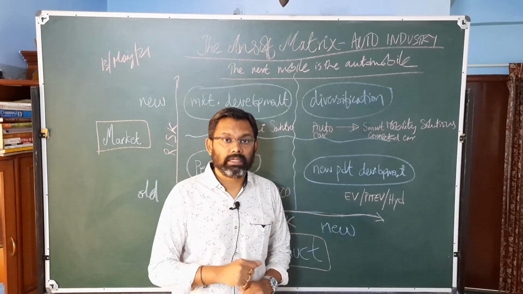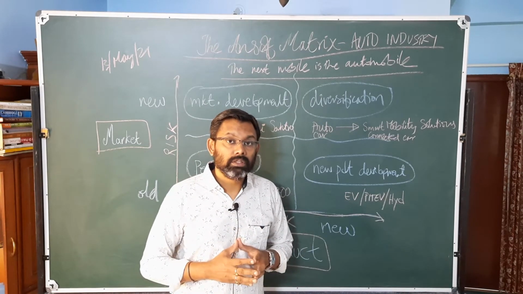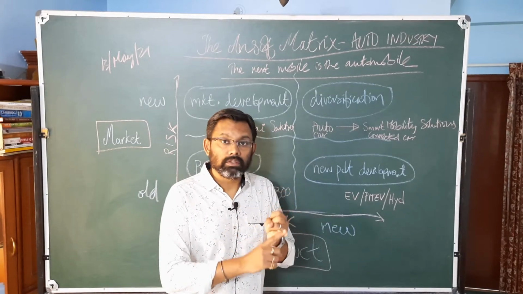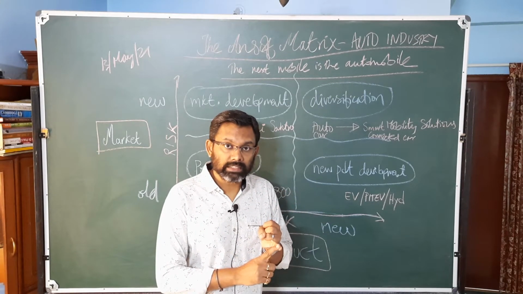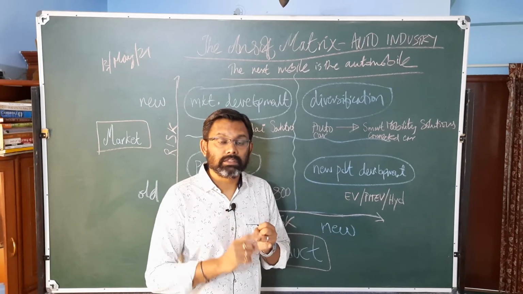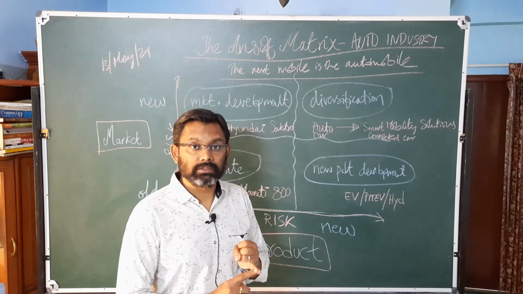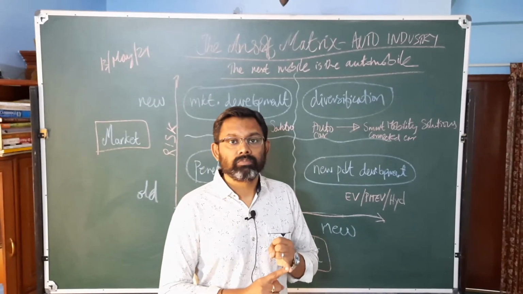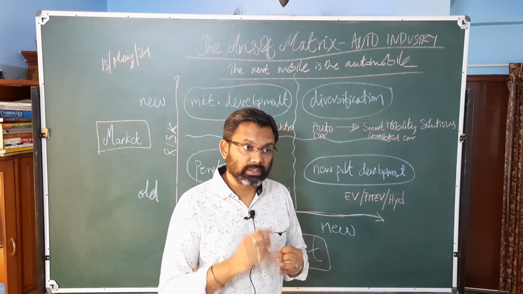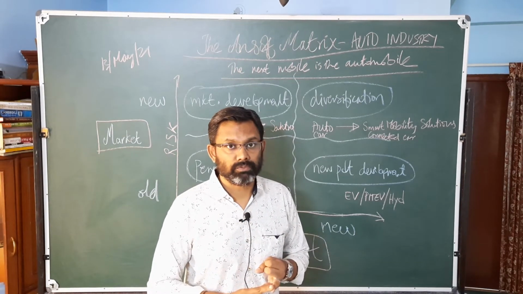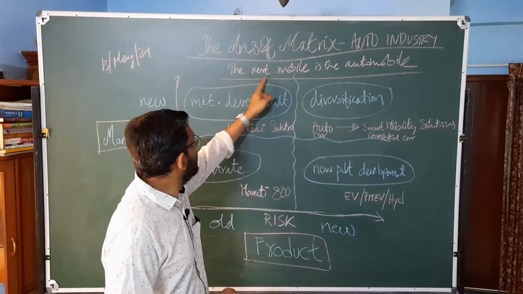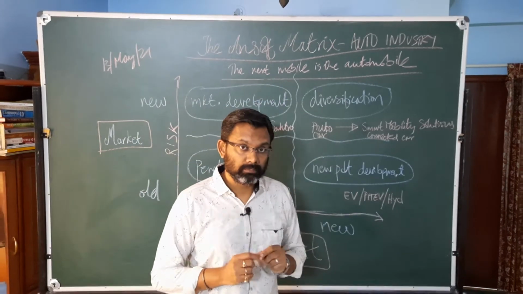And these new market segments have emerged after the launch of two things: the internet economy in 1999, started by Mr. Bill Gates commercializing the public internet for commercial activities, and in 2007, touchscreen smartphones being launched with internet access. So this is what I call the next mobile is the automobile.